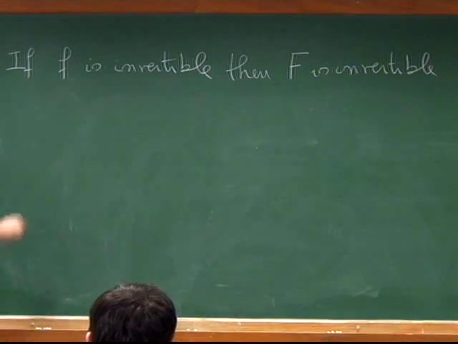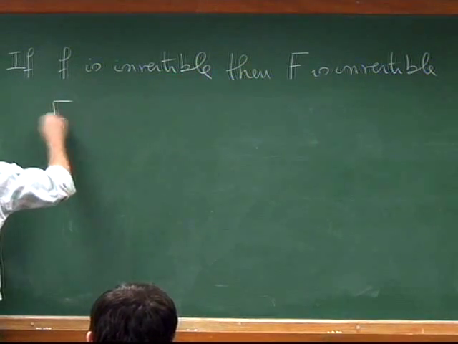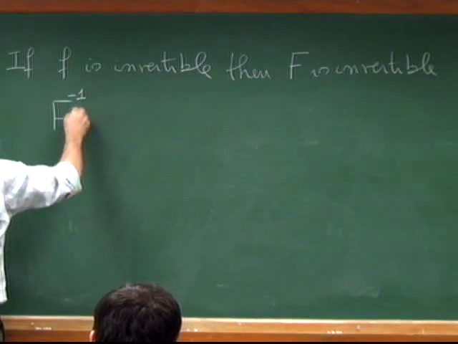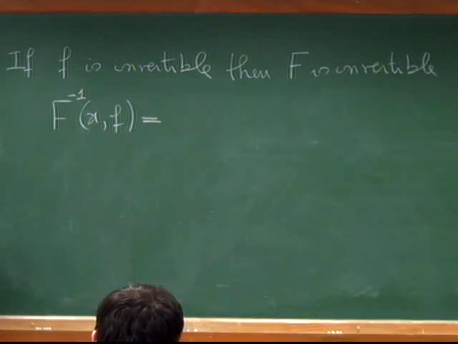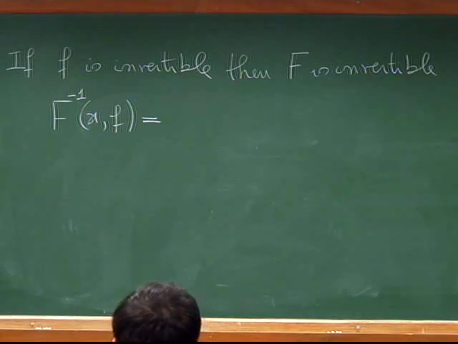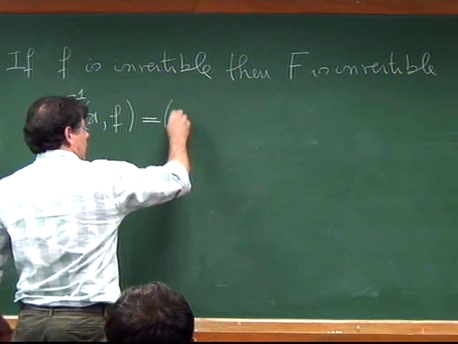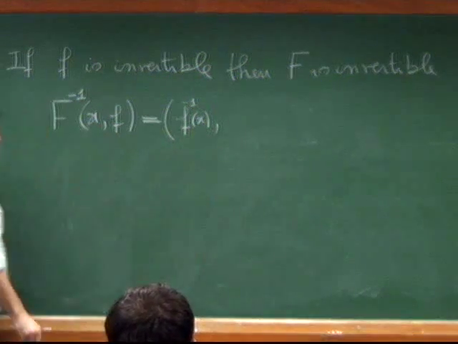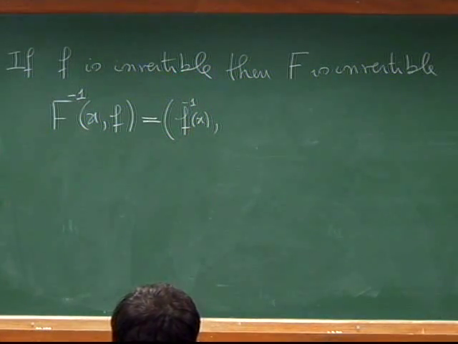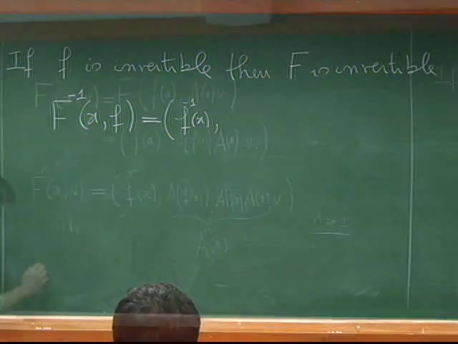It's just a matter of checking that F^(-1) of (x, v) is (f^(-1) of x, and then one has to think a little bit). Maybe it's useful if I draw a picture.